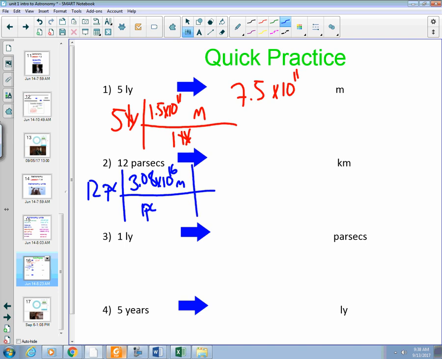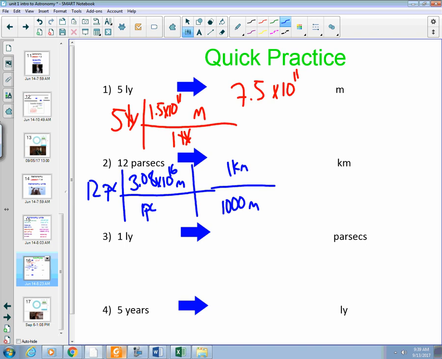Now you can either do this as 2 separate problems. I'm going to do it as one whole one. We want to get rid of meters, so I'm going to put that in the bottom. Every 1,000 meters, we have 1 kilometer. Now remember, from 1.2 and 1.1, everything on the top is multiplied, and we divide by everything on the bottom.